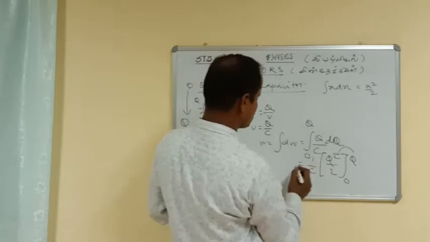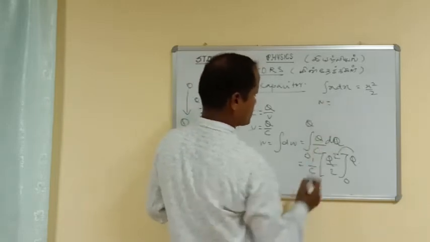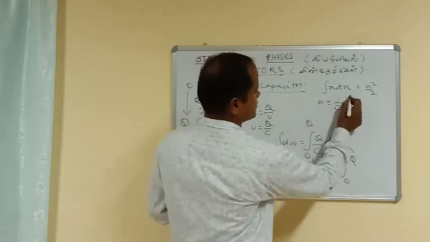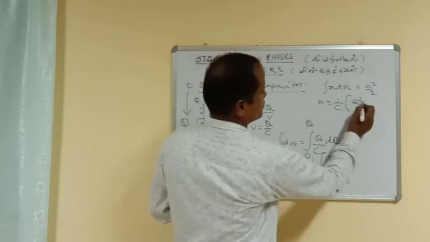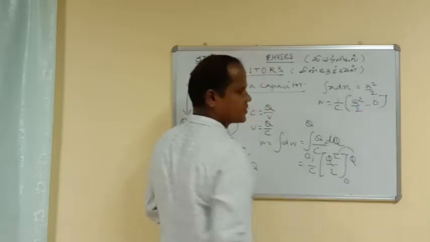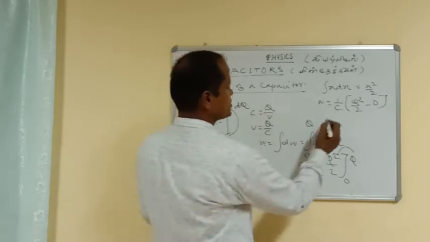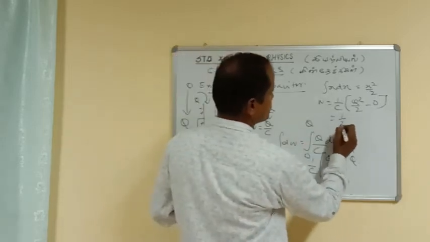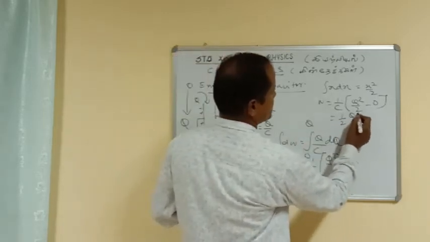Work done is equal to 1 by C into Q squared by 2 minus 0, or we can write this as half Q squared by C.